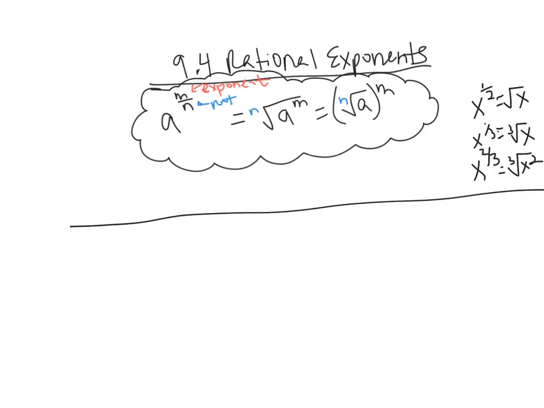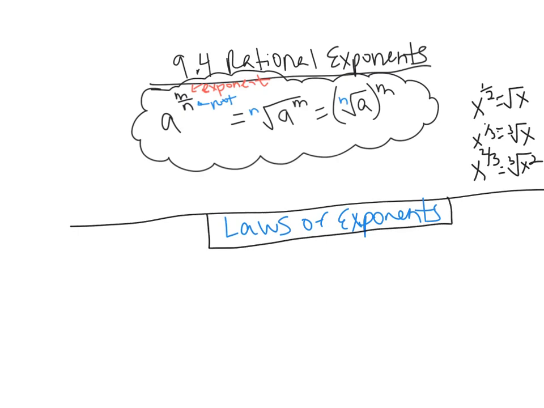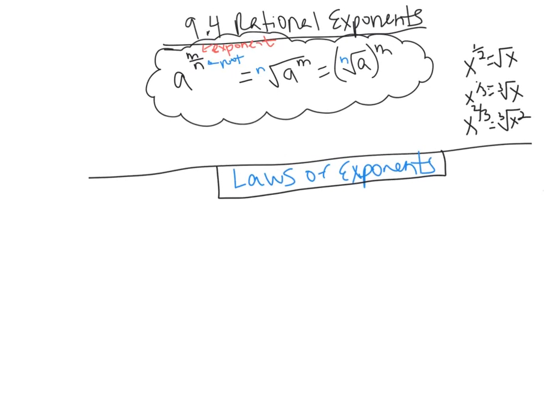Now, with exponents, we have different properties or different laws of exponents that we follow. So let's refresh your memory on some laws of exponents. What are some general laws or rules that we can follow regarding an exponent? So let's say, for instance, I have some number raised to an exponent, and I'm going to multiply by that same base raised to a different exponent.